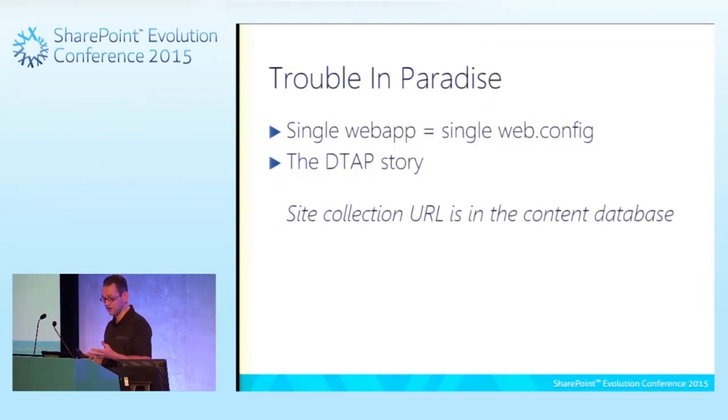But with a hostname site collection, the site collection URL is not in the configuration database, it is in the content database. So when you move it to another farm, you probably have to change the URL of these site collections, because DNS is DNS, so it's pointing to only one location. That's something to be aware of. That's a nice real-world tip there.